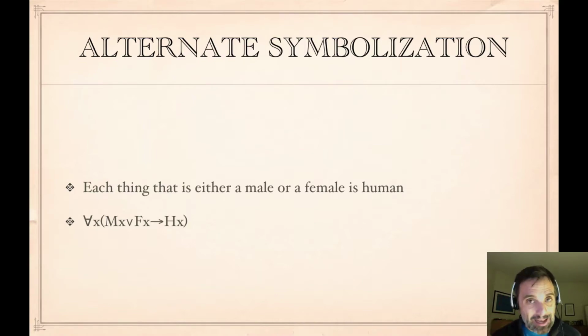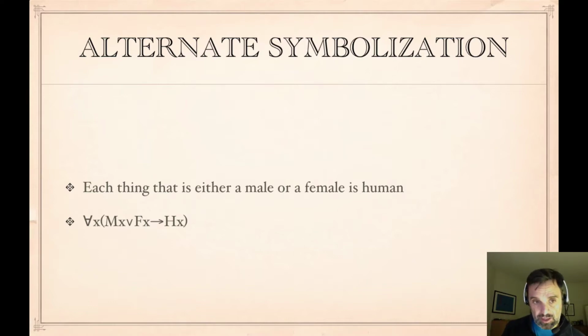The Mx and Fx would only talk about the intersection where the two circles overlap, and it would describe the property of being human only to things in there. But this sentence is more than that. It describes a property to anything that's in either one circle or the other, and so it would be an or in the antecedent if you were to symbolize this sentence with just one quantifier.